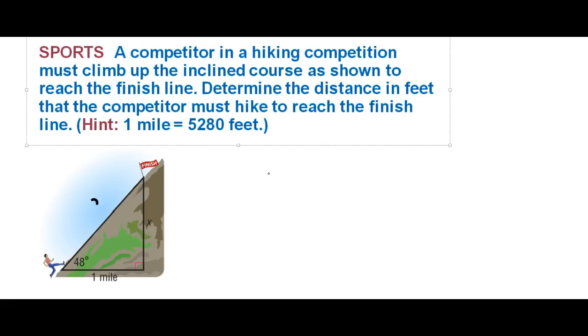So really we're looking for this distance here, but in order to find that distance, we're going to need to use a trig function. So we have the theta is 48 degrees, and we have that the horizontal distance is 1 mile, and that's going to be the adjacent side to theta.